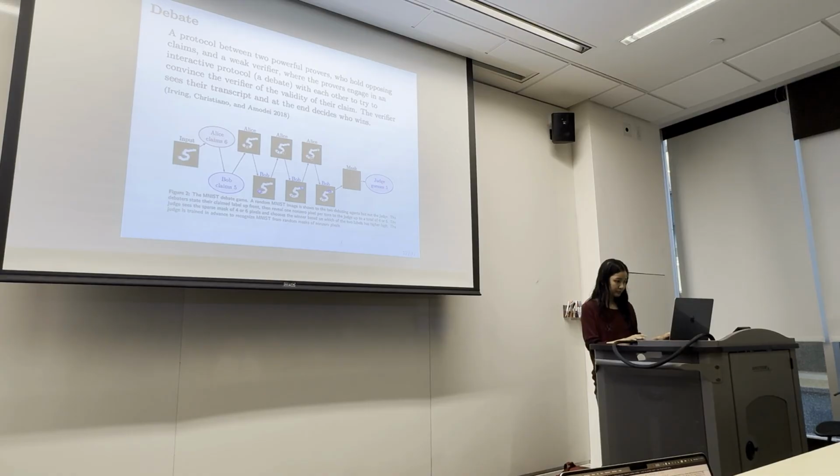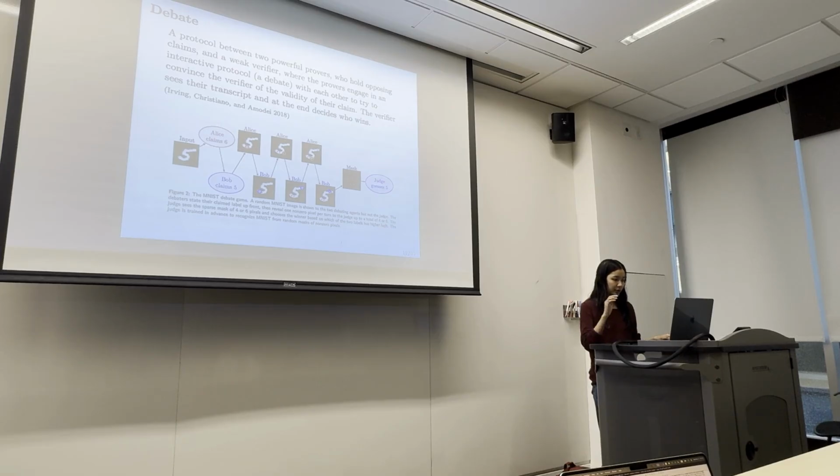So they do this experiment where they have a debate between two provers, Alice and Bob, who each claim that this image containing an integer contains a different integer. So Alice claims that it contains 6, and Bob claims that it contains 5. And the judge is not able to see this image.